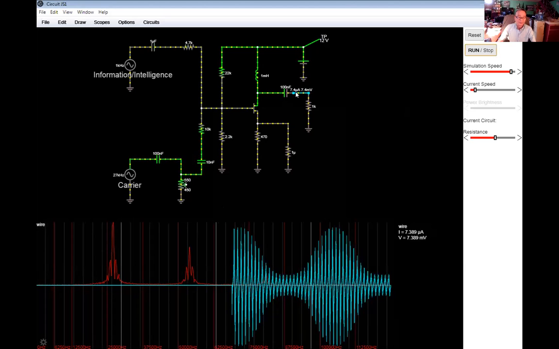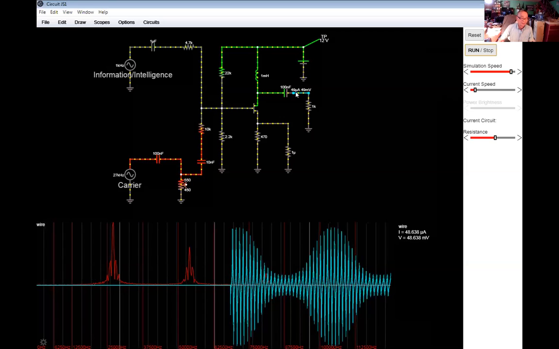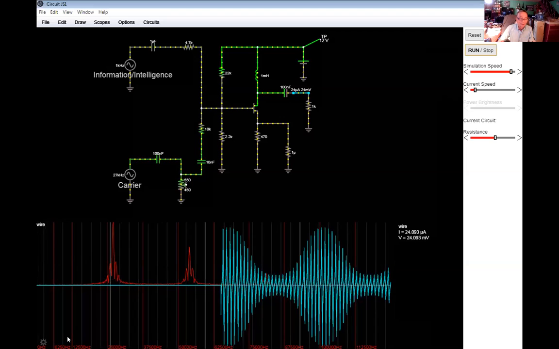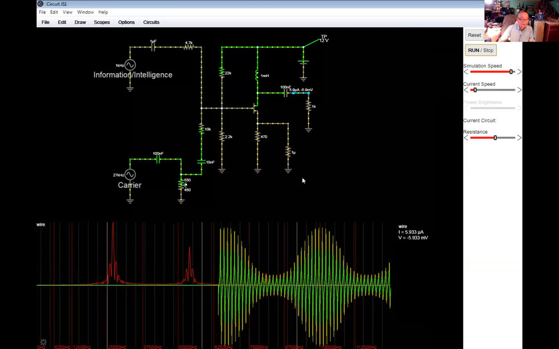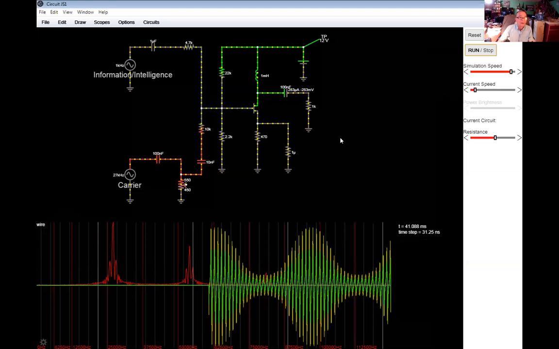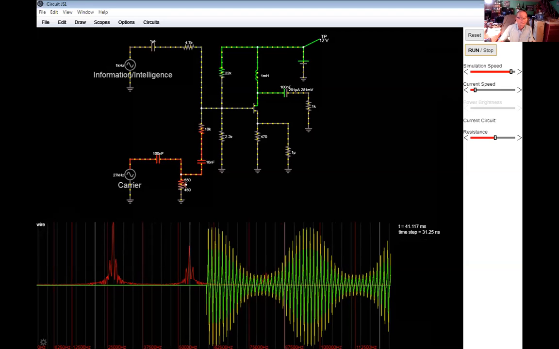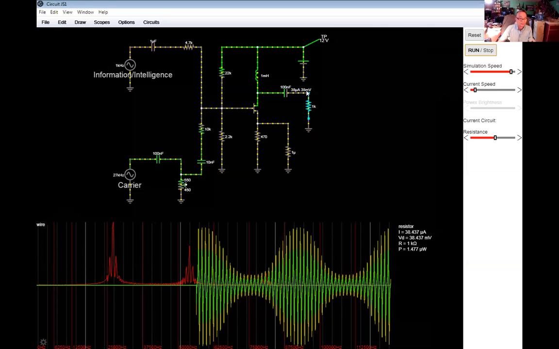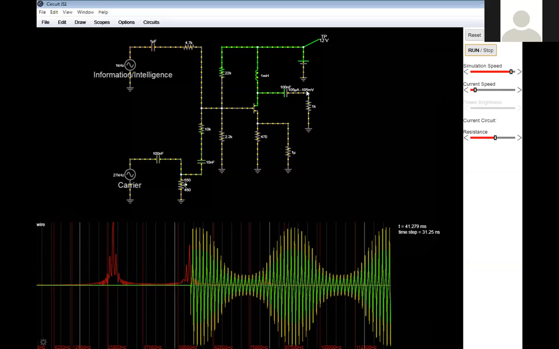Or does that look like 100% modulated or not? When you get into it next time, you'll be able to do the calculation. But that is the signal coming out of the modulator. That's perfect.